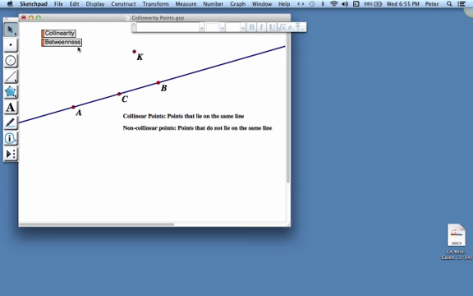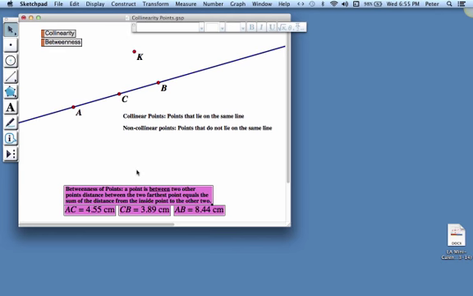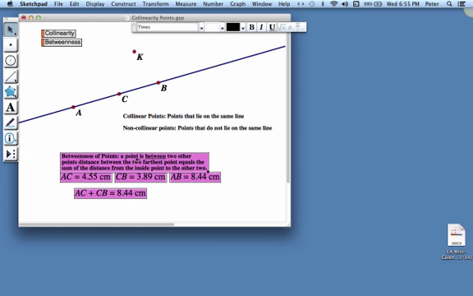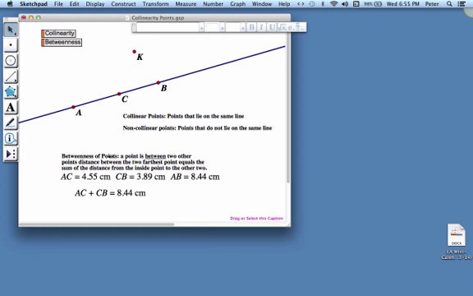Alright, another way of looking at that more mathematically is this definition here. Betweenness of points. A point is between 2 other points if the distance between the 2 farthest points equals the sum of the distance from the inside point to the other 2.